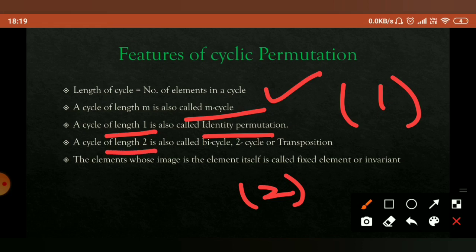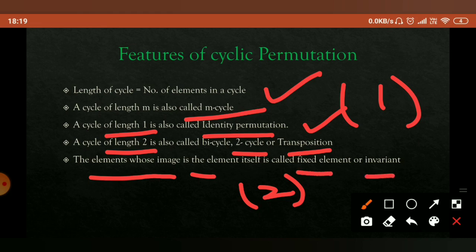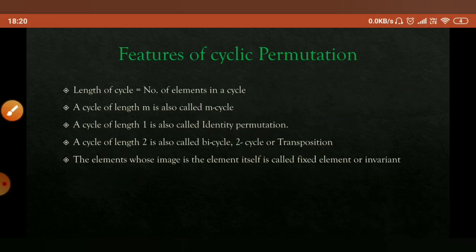A cycle of length 2 is known as a 2-cycle or a transposition. Transposition is used more. Elements whose image is the element itself are called fixed elements or invariants. They are not mentioned in the cyclic permutation. Only the variant elements are mentioned in a cyclic permutation. This is all here. Thank you.